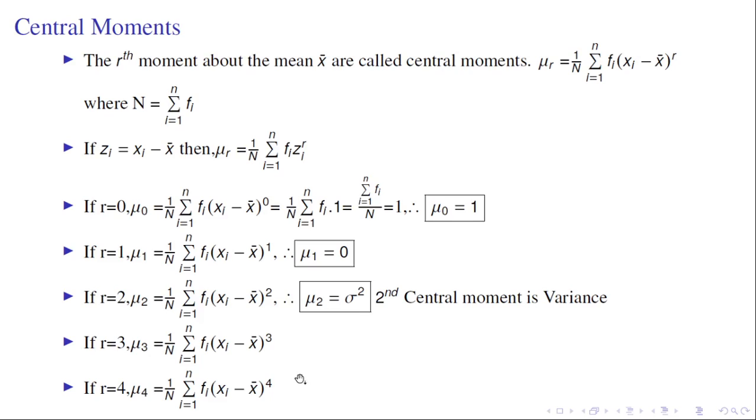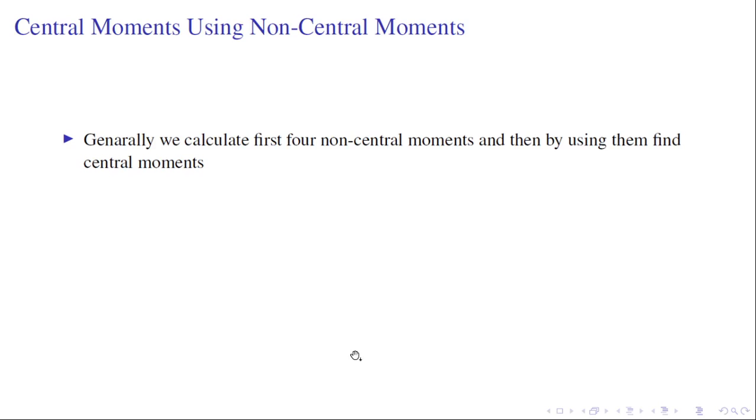If we want to calculate central moments by using this formula, it is somewhat difficult. This term involves power 4, and this is power 3. So generally we calculate central moments by using the relationship between central moments in terms of non-central moments.